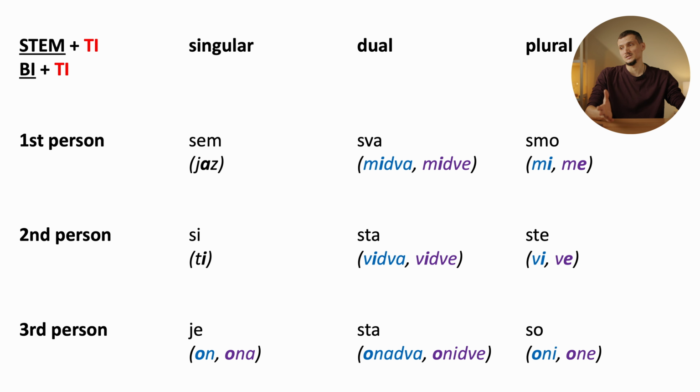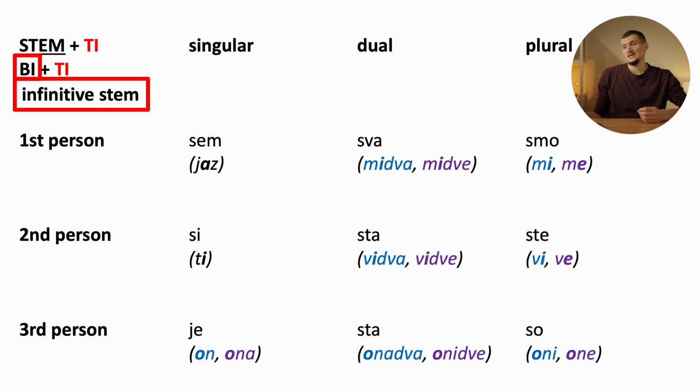So the feminine ones are just used the least, because you need to have a group of women and women only to be able to use it. So even when you do practice pronouns, I suggest you practice midva sva, vidva sta, and so on. Of course you can learn the feminine ones as well. So again, it's sem, si, je, sva, sta, sta, smo, ste, and so.